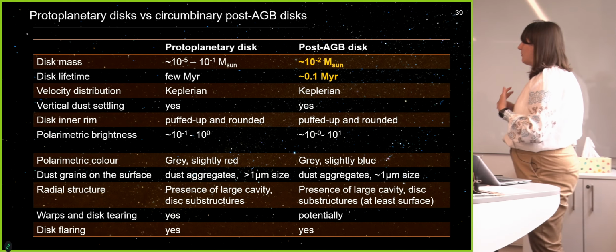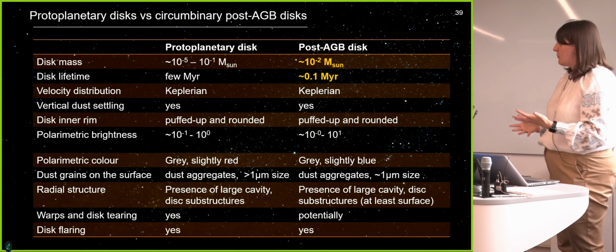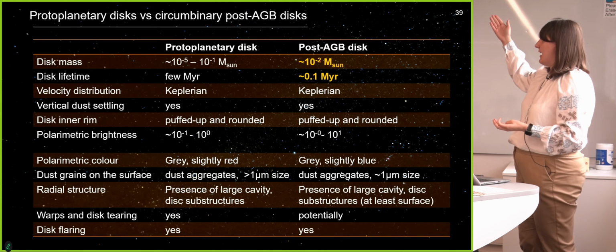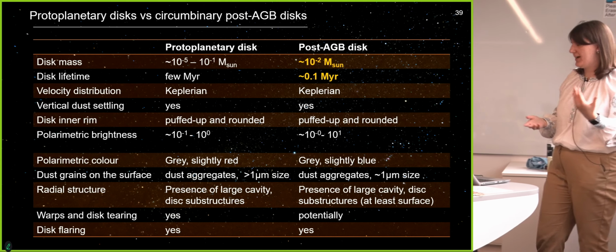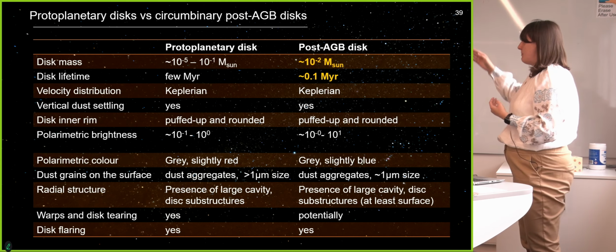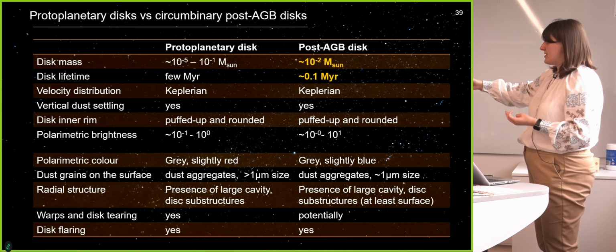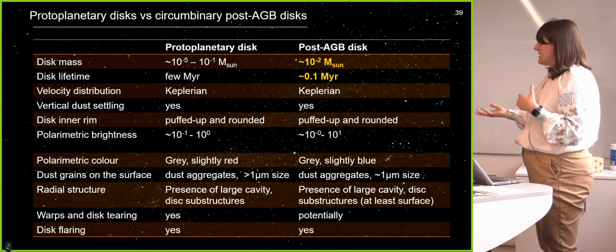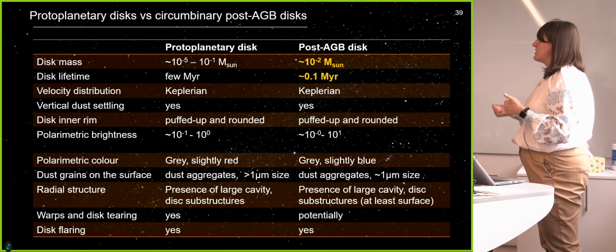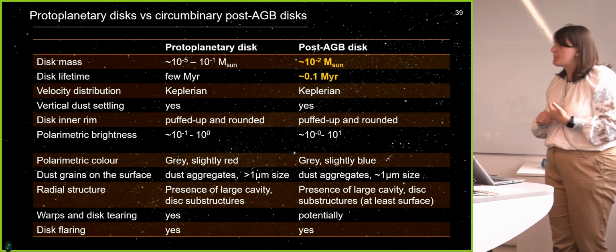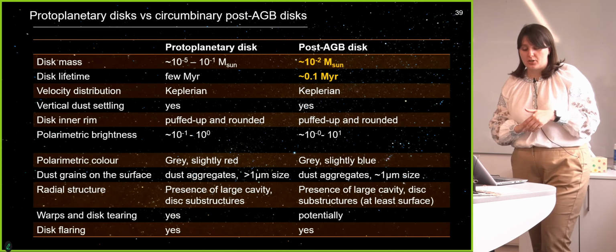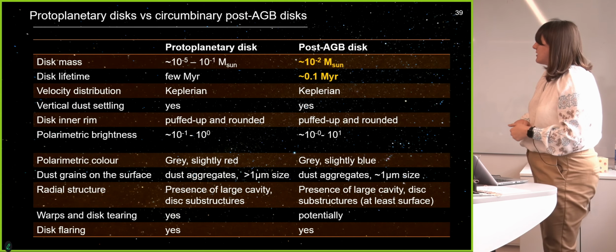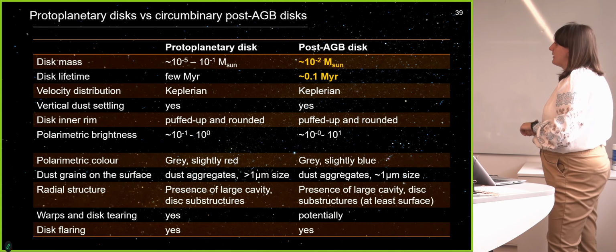So while we cannot say whether protoplanetary disks and post-AGB disks can both form planets or whether there is any planet formation, the post-AGB disks do appear very similar, and they are an extremely interesting target to study extreme environments for disk evolution, disk-binary interaction, and also dust processing that is obviously happening in these systems.